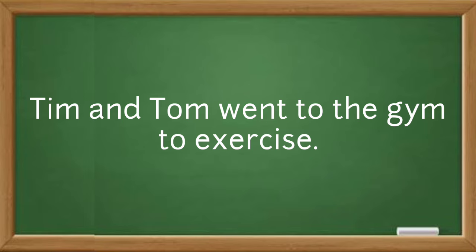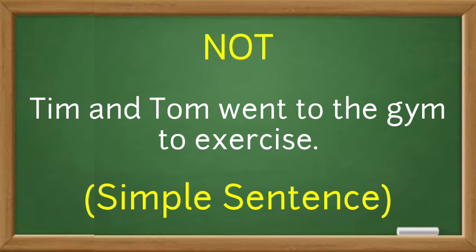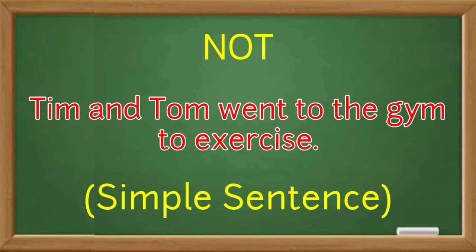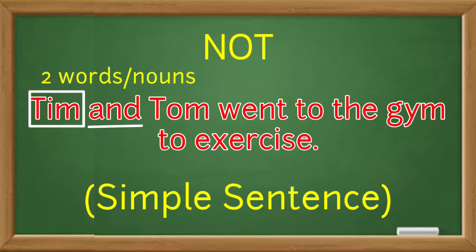It is not, because it is only a simple sentence, meaning it only has one independent clause. The conjunction and here does not connect independent clauses. It only connects two words, Tim and Tom.